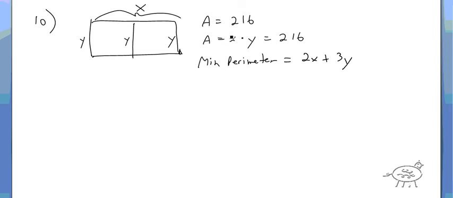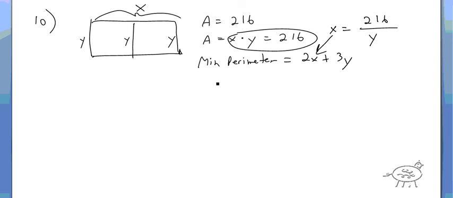So let's solve. We got this equation right here. It doesn't matter, I'm going to solve for x. X is equal to 216 over y, and then I'm just going to substitute that into there. So P, now it's going to be P of y, right?